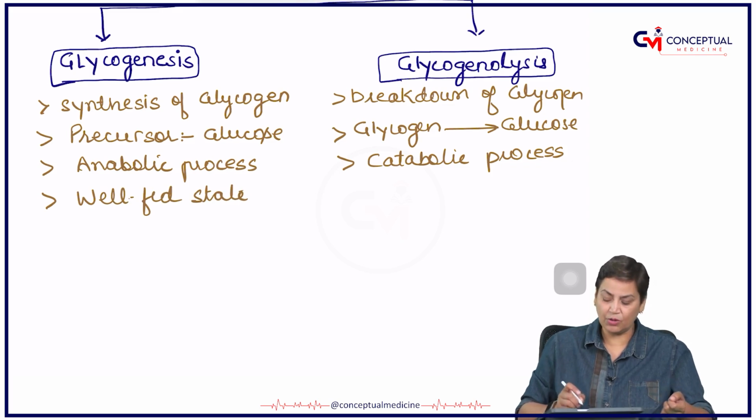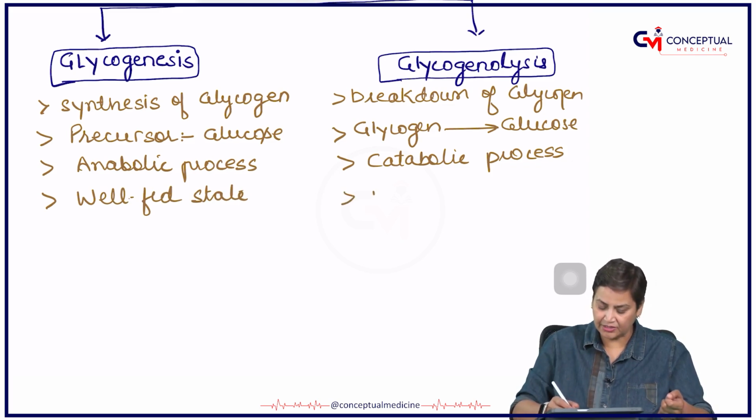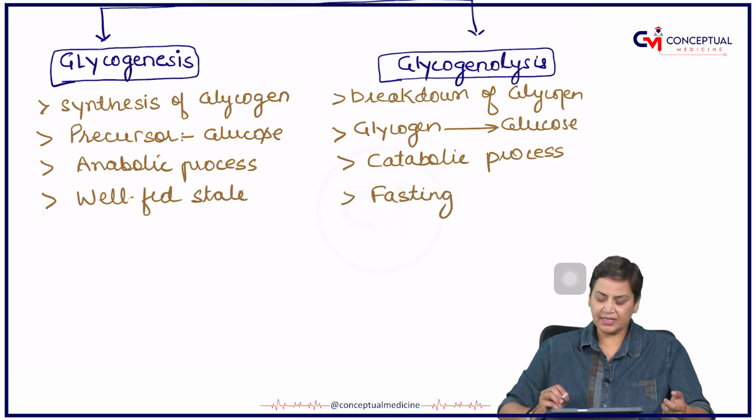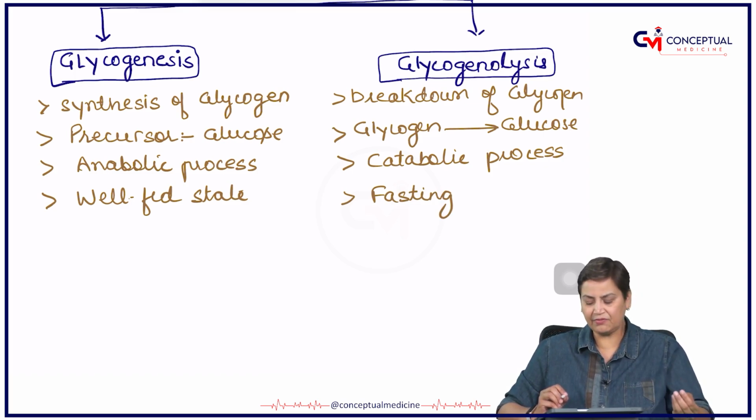And glycogenolysis occurs during fasting, starting after the post-absorptive stage. So it will be early fasting, up to 16 hours, when glycogenolysis will be the sole source of glucose to the body.